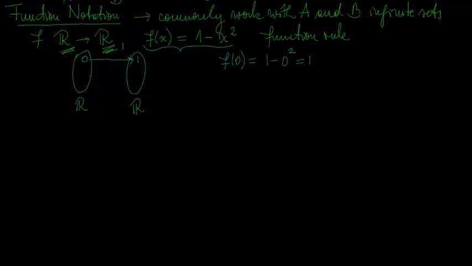Let's pick another x value, let's say 1, and then I will have 1 minus 1 squared. So I know that 1 is being mapped to 0, and then I would have to think about 2 and 3 and 4, but there are infinitely many numbers, not just the integers, but 1.5, 1.1, square root of 2, etc. I can't really list them all and draw arrows because I'll never complete my task.